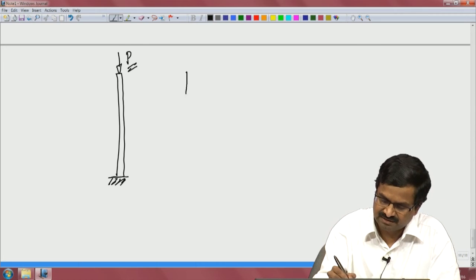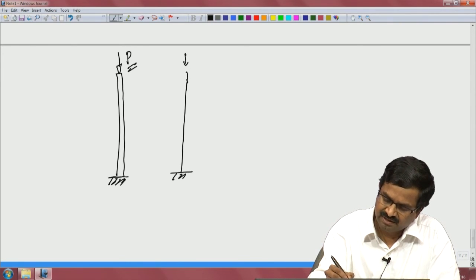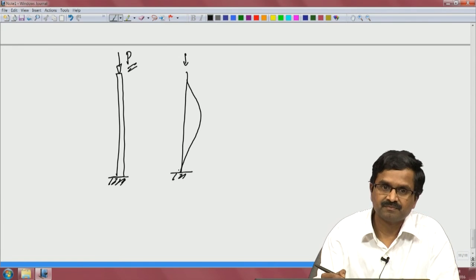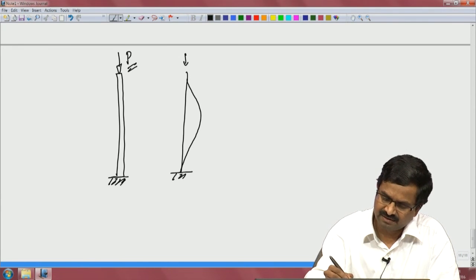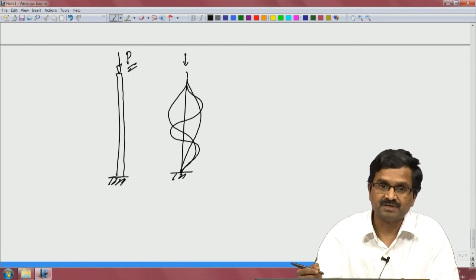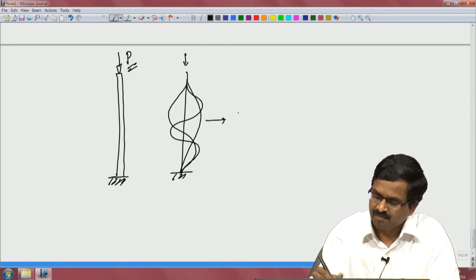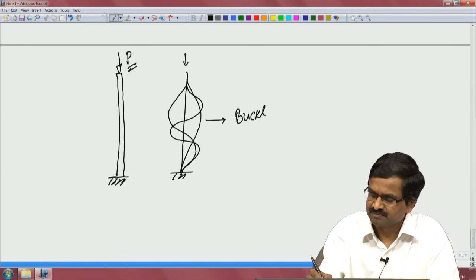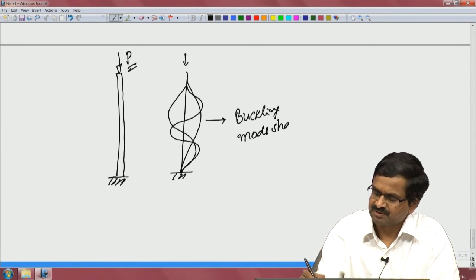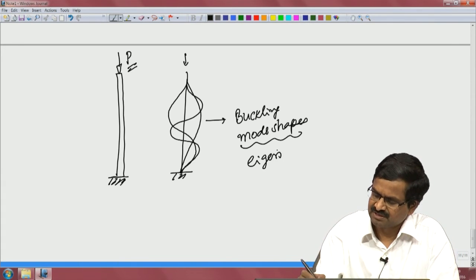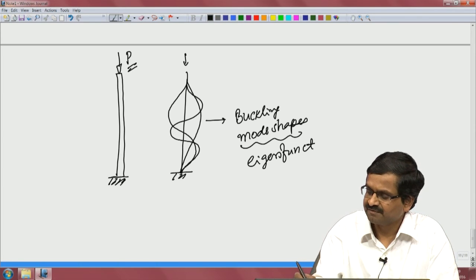When you apply the compressive load on it, at some point it will just bend like this, okay, or it can bend like this also, or many other ways. So, there are many buckling mode shapes, or eigenfunctions. So, mode shapes are eigenfunctions of the corresponding eigenvalue problem.